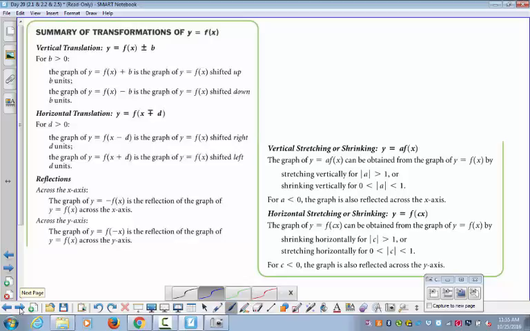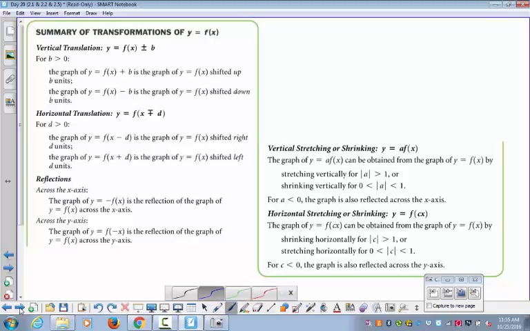This is a list of all the transformations. We'll just go over it briefly, then we'll do some examples. So we always are going to separate into vertical transformations and horizontal transformations. If we focus for a minute on vertical, vertical shifts are on the outside.